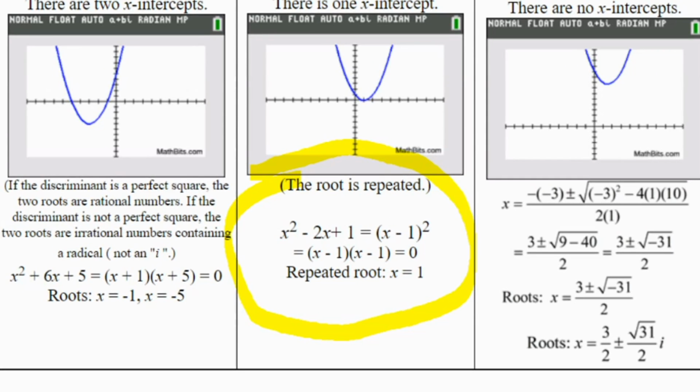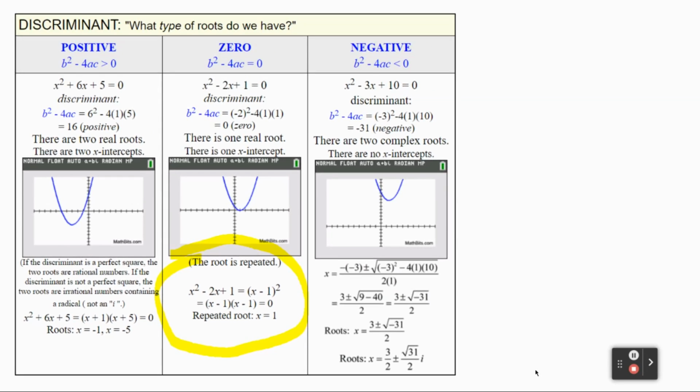And notice here it's x minus 1 squared, or in other words, x minus 1 parentheses, x minus 1 parentheses, which would give you the value x equals 1 as your solution twice. Well, there's not really 2 solutions. It's just one solution, one x-intercept. As you can see from the graph, it has an x-intercept of just 1.